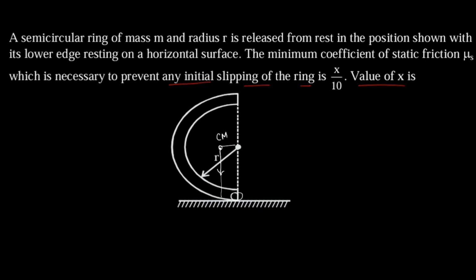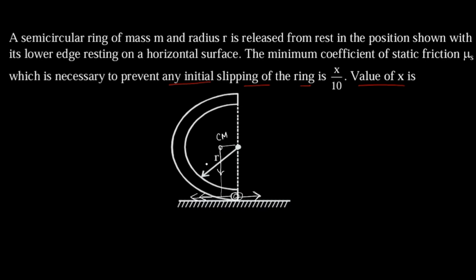So you can imagine that if the center of mass was moving straight down, this point of the ring will have a tendency to slip backward in this direction. That means as the ring is released, the friction will be applying a force in the leftward direction on the ring.